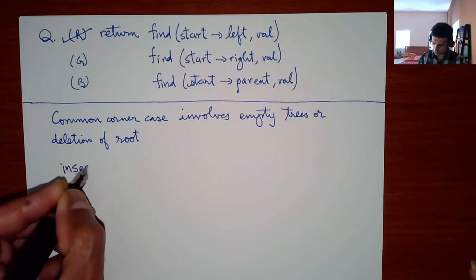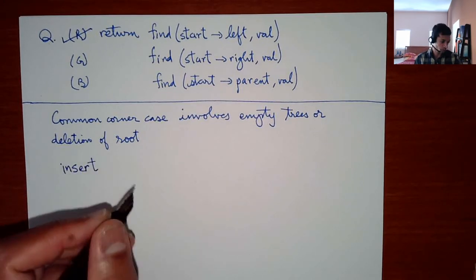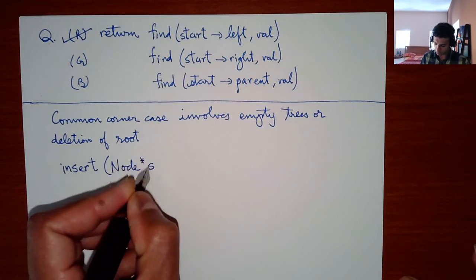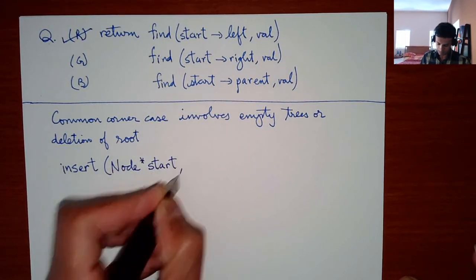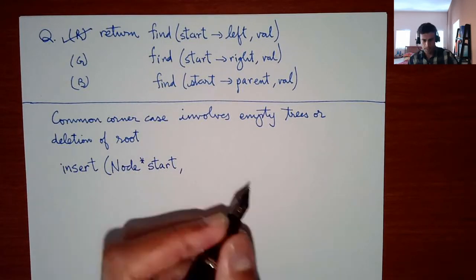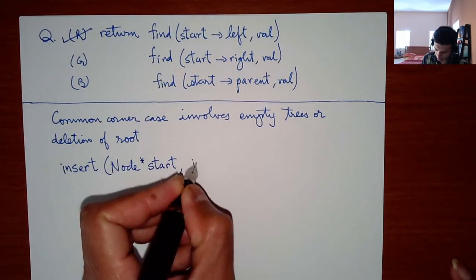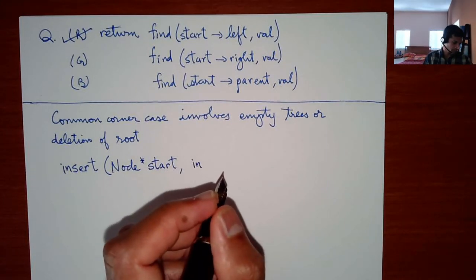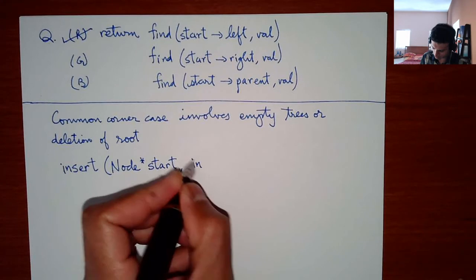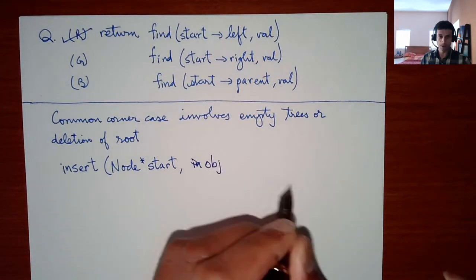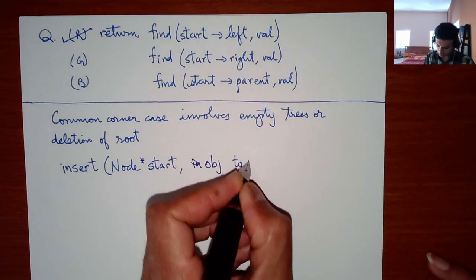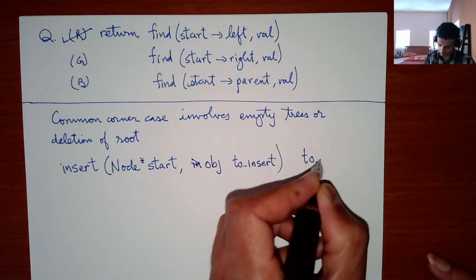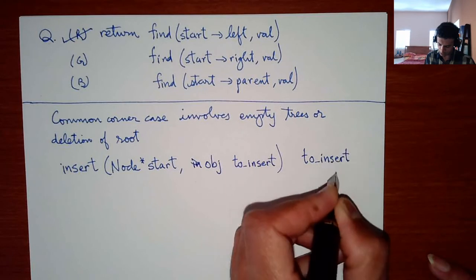So let's now talk about insert. Again, as I said, we'll do recursive. So we'll insert with a pointer to some start node, and let's say I'm going to insert some object, toInsert, that has some key.